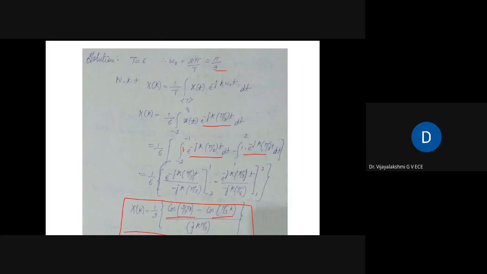For different values of k, you find the magnitude of x of k and the phase of x of k, and you can plot the magnitude and phase spectra. So this was finding the Fourier series coefficients of signals where the signal is represented in a graphical form.